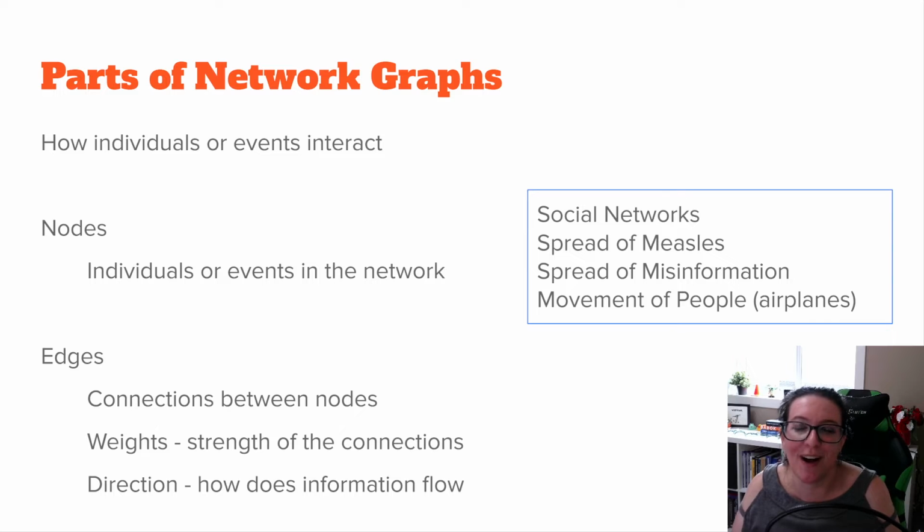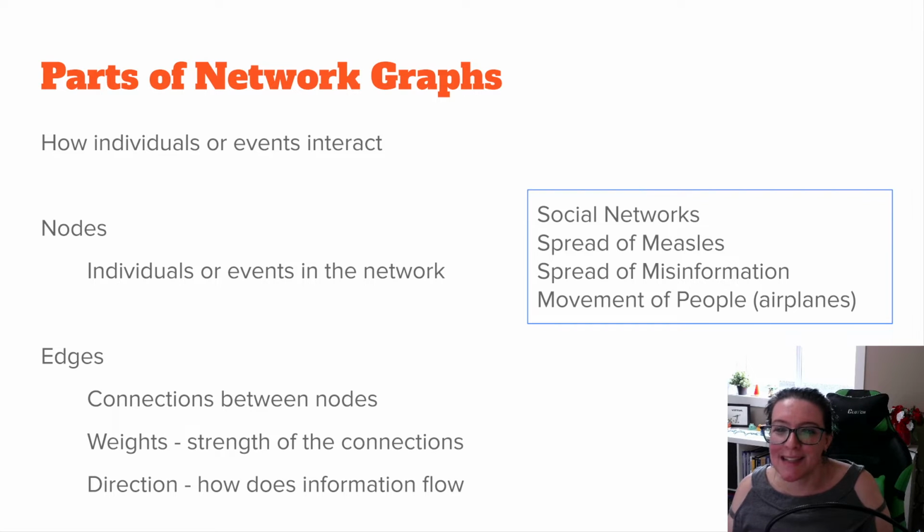Who do you talk to on social media, and who do those people talk to? We can identify influencers, for example. We can look at the spread of measles or COVID-19. We can look at the spread of misinformation. And we can also look at the movement of people, because when we look at airplanes and they go from airport to airport, that is a network.